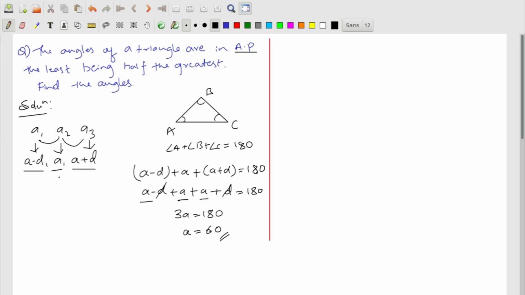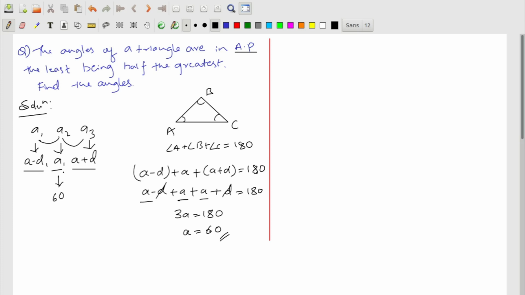So here the second angle or the second term in the AP we got is 60, right? So now how to get the other two? If you want to get other two angles, we need this D here, right? So if we subtract D from 60, you will get the first term. If you add D to the 60, you will get the third term.